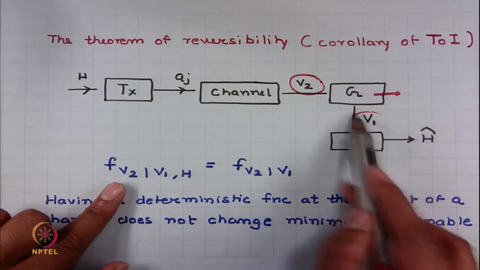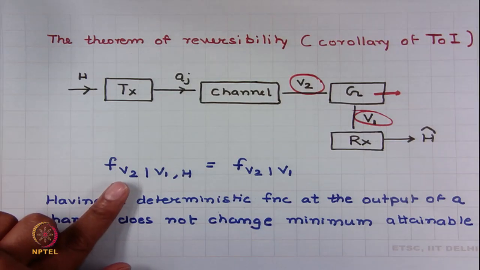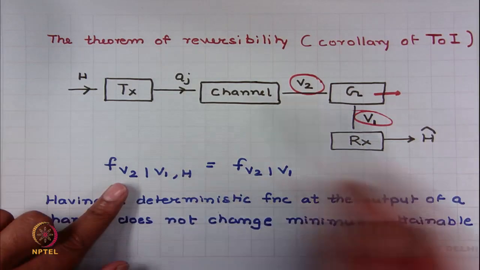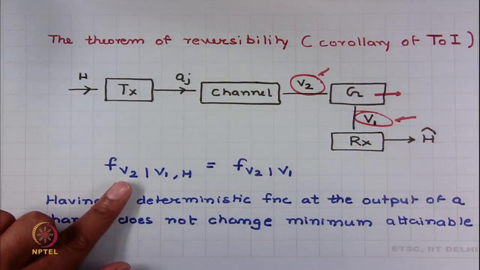As soon as you are given this V2, you know V1, isn't it? And this transformation, because it is a deterministic function, does not at all depend upon the hypothesis, and hence whether you observe V1 or you observe V2, you get the same probability of error. Probability of error does not change by introducing any deterministic function at the output of a channel.